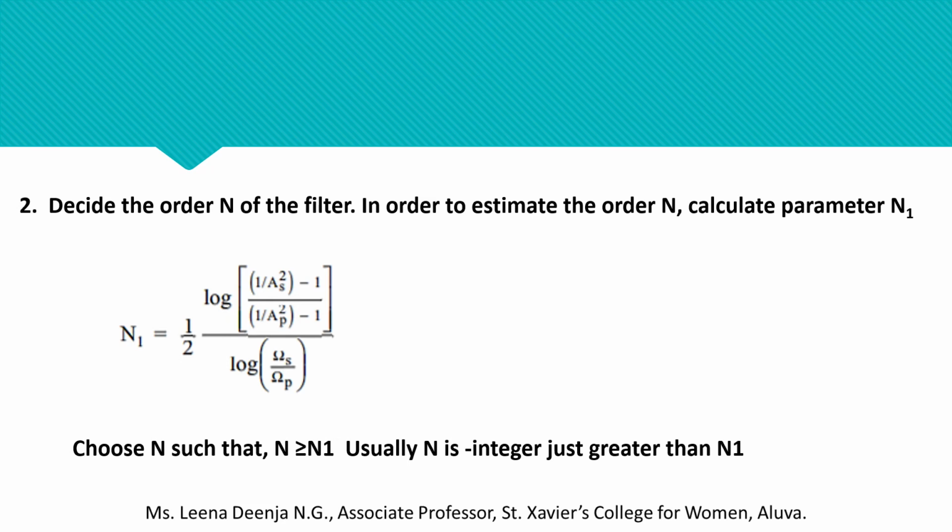Here Ap is the gain at passband frequency omega p and As is the gain at stopband frequency omega s. Now select N such that N is greater than or equal to N1. Usually N is selected as the nearest integer just greater than N1.